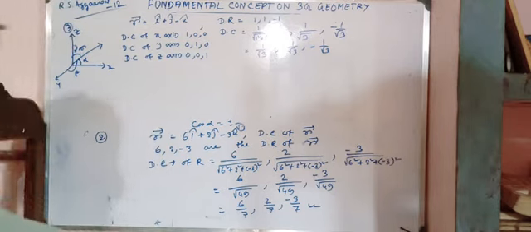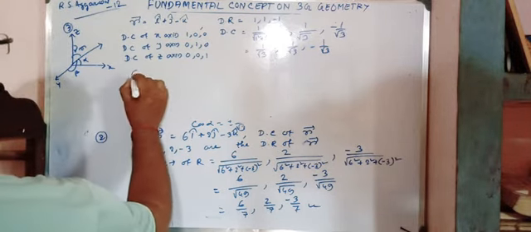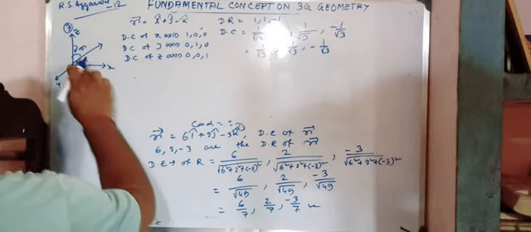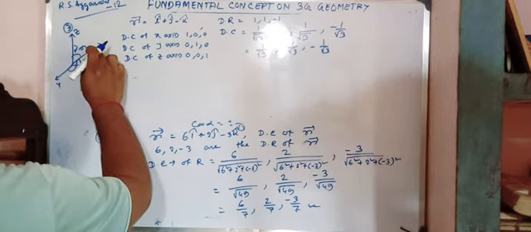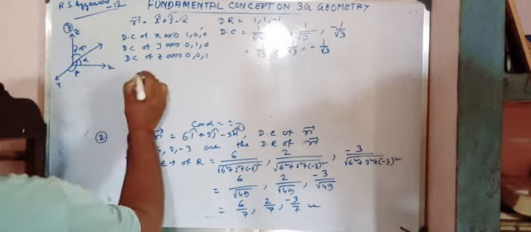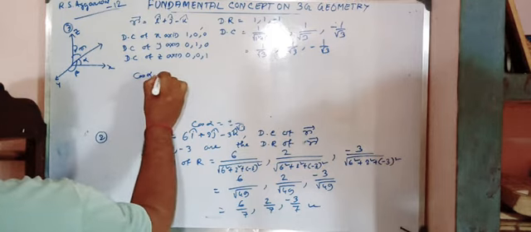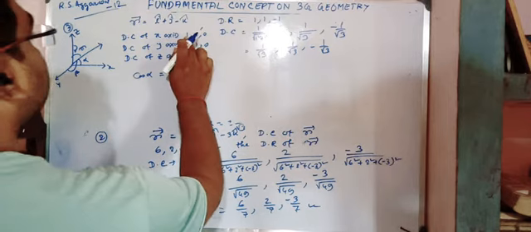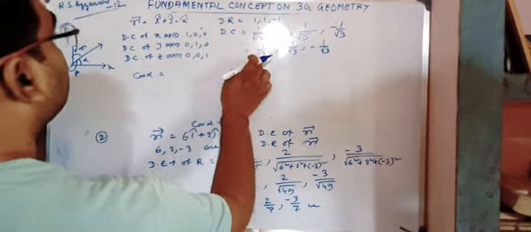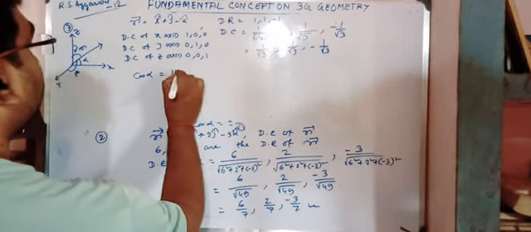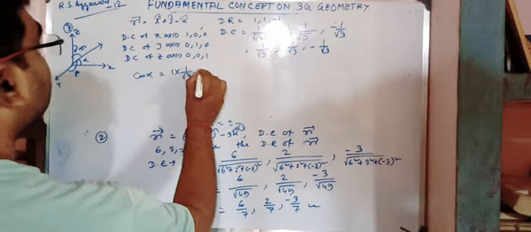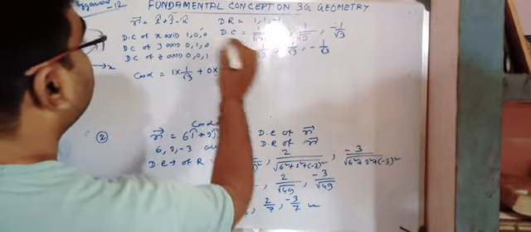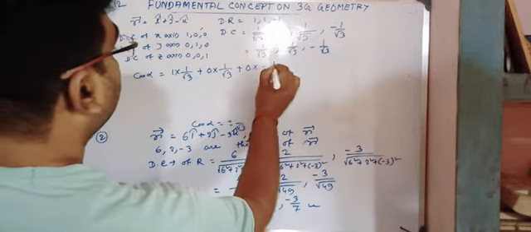So the angle cos alpha, suppose r makes alpha angle to the x axis, that is cos alpha equal to how much? This into this, this into this, this into this, that is 1 into 1 by root 3 plus 0 into 1 by root 3 plus 0 into minus 1 by root 3.